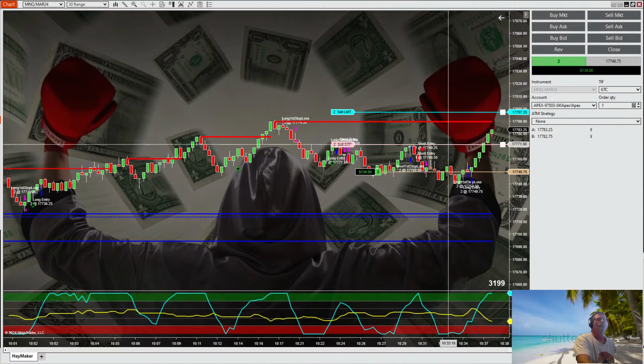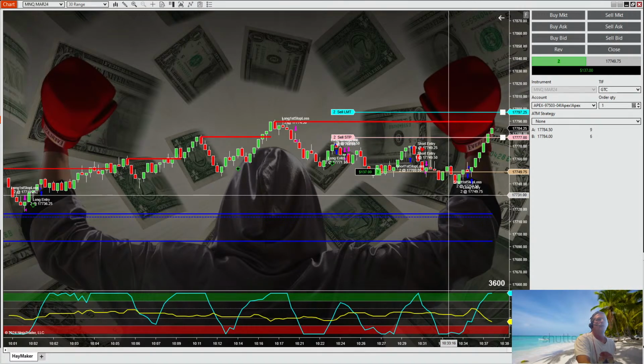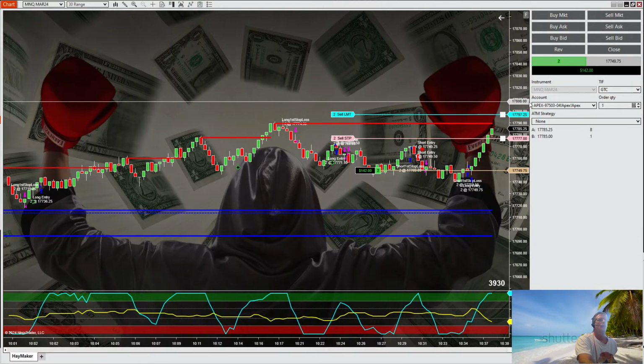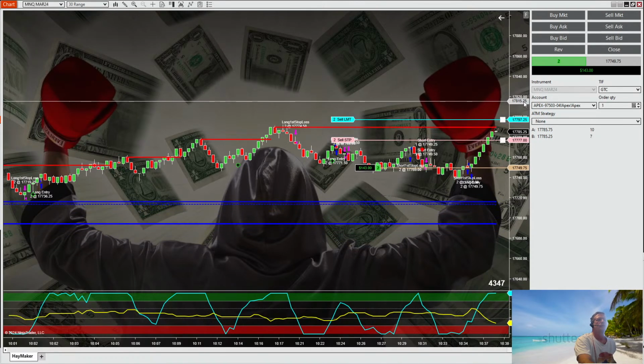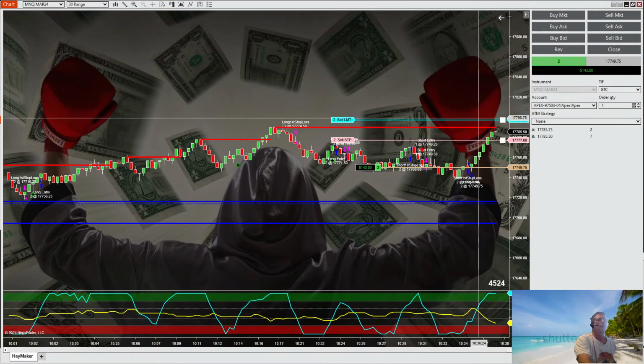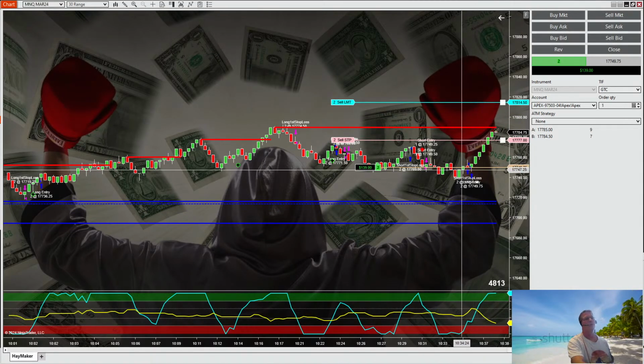Good volume. Real good volume. The buyers jump right back in. They're pushing the price back up. Let's see if we can get through this area of support, resistance. If we can get through that area, we got some running room. Come on now.